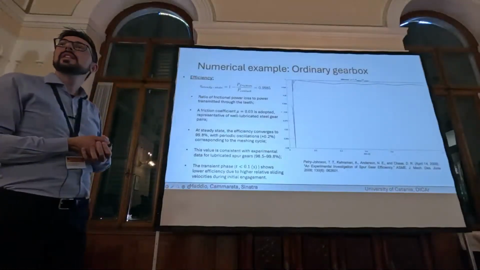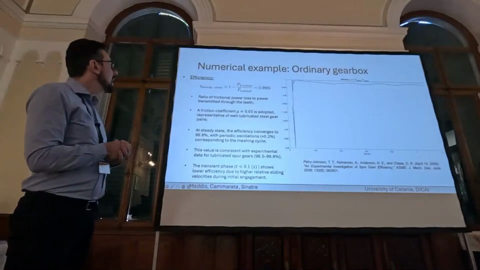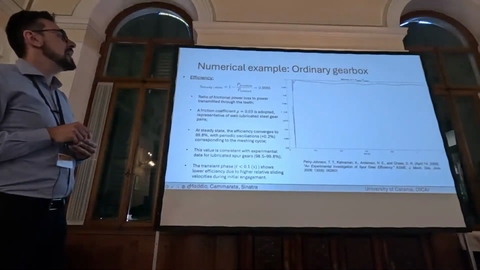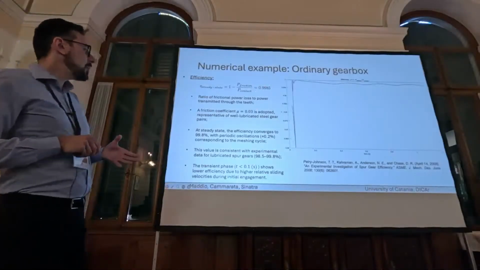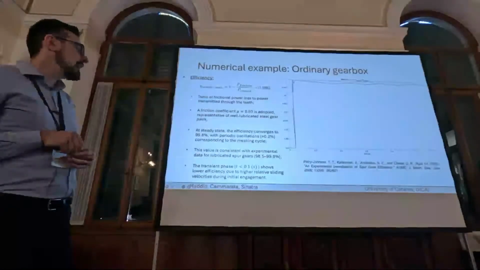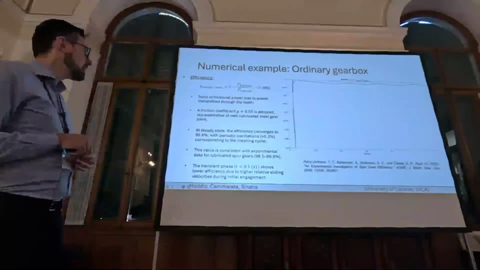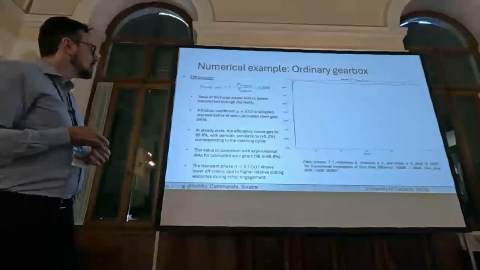Also we evaluated the efficiency of the gearbox, and by using this formula here, we see that we obtain a value of 0.99 that is approximately the value that is obtained by experimental data for lubricated spur gears.